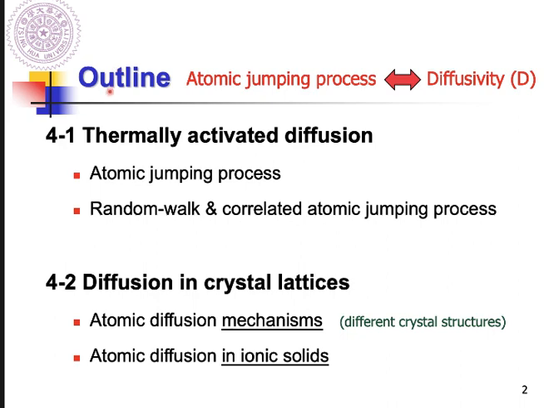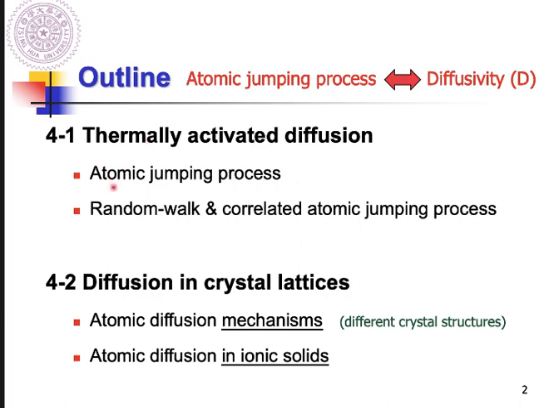So in lecture 4, we can simply separate it into two parts. The first part we call thermally activated diffusion. Thermally activated diffusion means the atoms only have energy that comes from the thermal energy, kT.